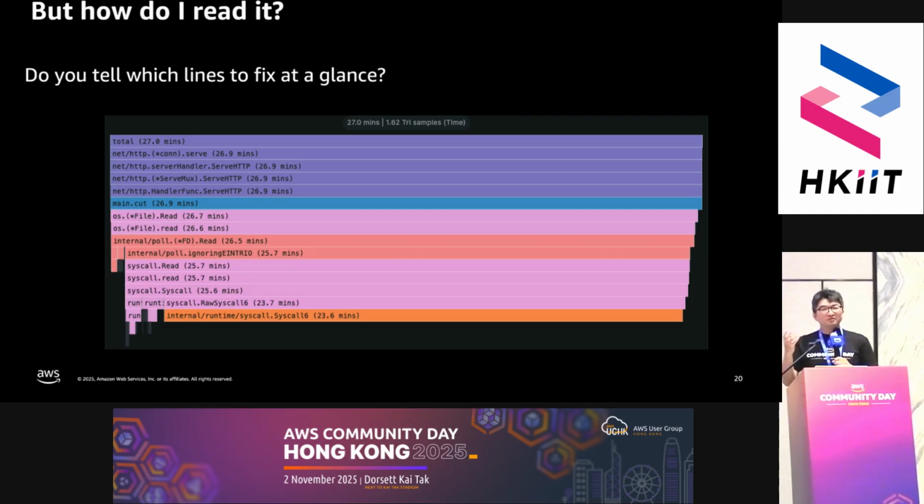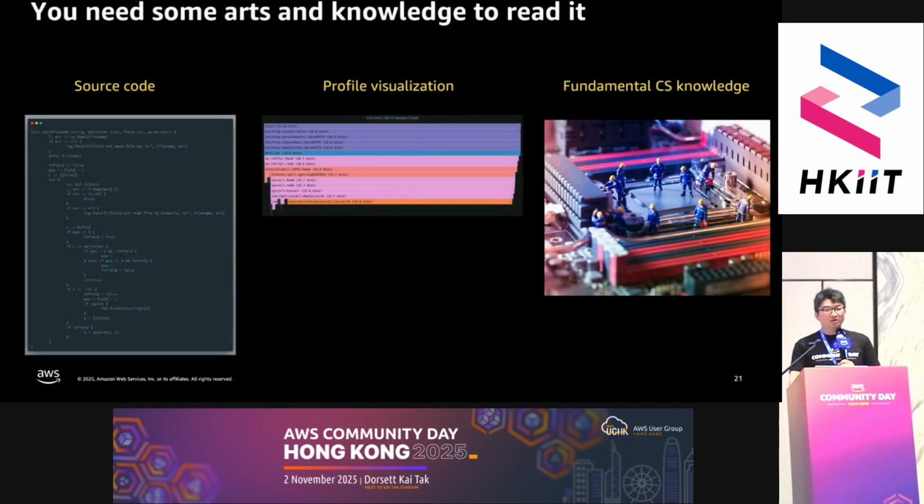A profile is really valuable to the system operator or programmers, but still, in order to understand what the data shows, it requires a lot of knowledge behind it, like the source code itself, how to read it, what the visualization means, and also fundamental computer science knowledge.